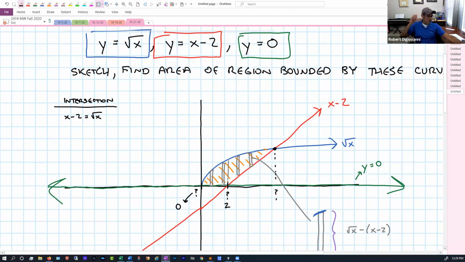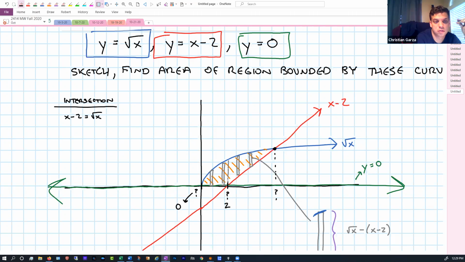Now that is not a quadratic equation. That is what's referred to in college algebra as a square root equation. And can anyone remember how you solve that? Square both sides.